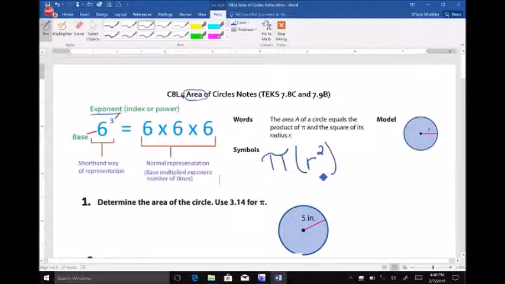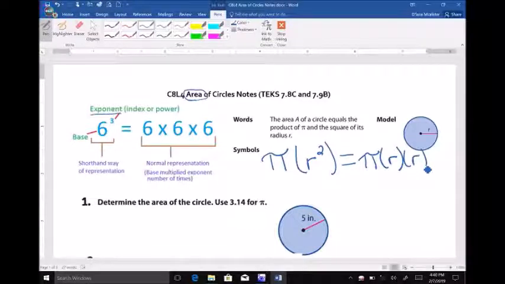Radius squared is the exponent for radius times radius. So if we break this down, we can break it down to pi times radius times radius. This is different than pi times 2 times radius. We will talk about that a little bit later, but let's see if we can practice a few of these.